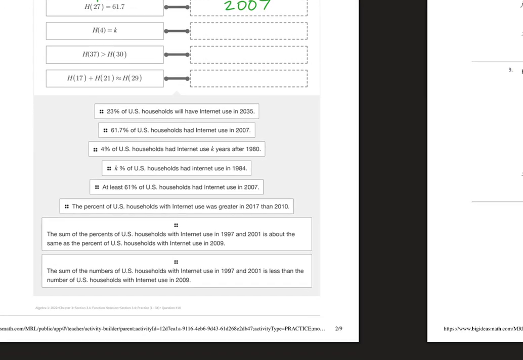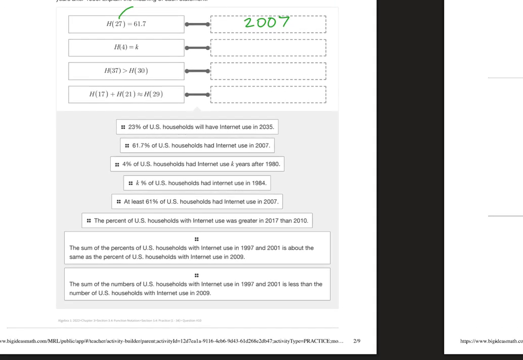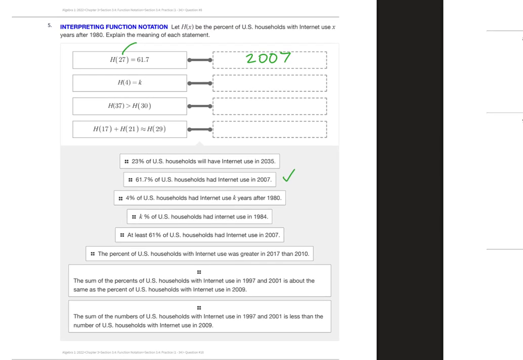Let's see. All right, so there's that one. And nope, not that one. Got to read all the choices. It's that one. 61.7% of U.S. households had internet use in 2007. Cool.